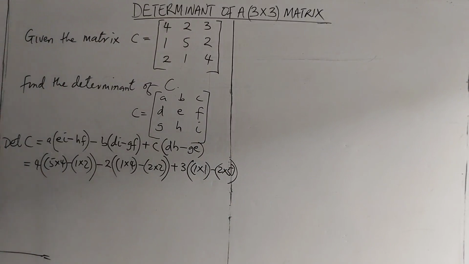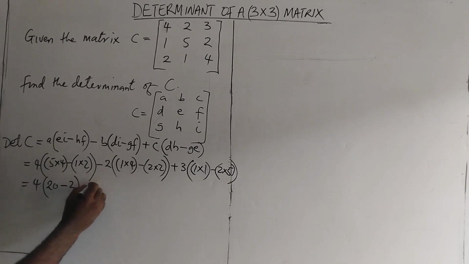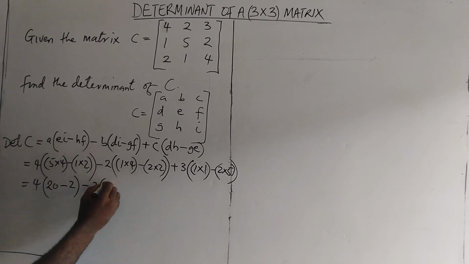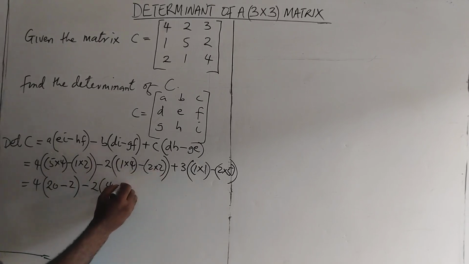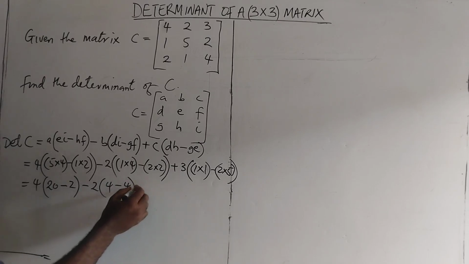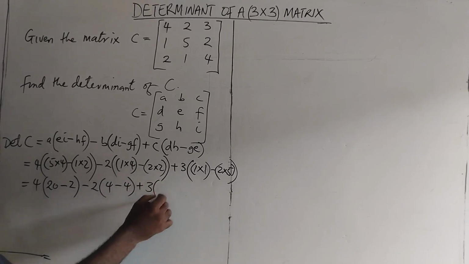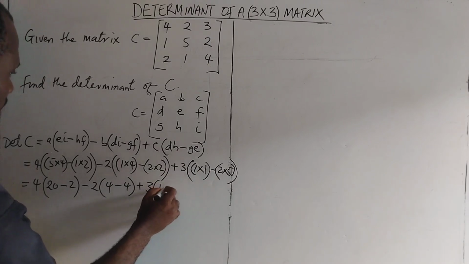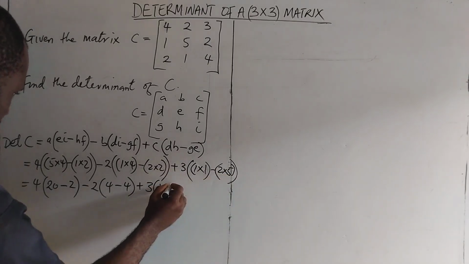Okay, continuing, I will have 4 into 5 times 4 will give you 20 minus 1 times 2. Then 1 times 4 is 4 minus 2 times 2 is 4, plus 3 into 1 times 1 is 1 minus 2 times 5, which is 10.